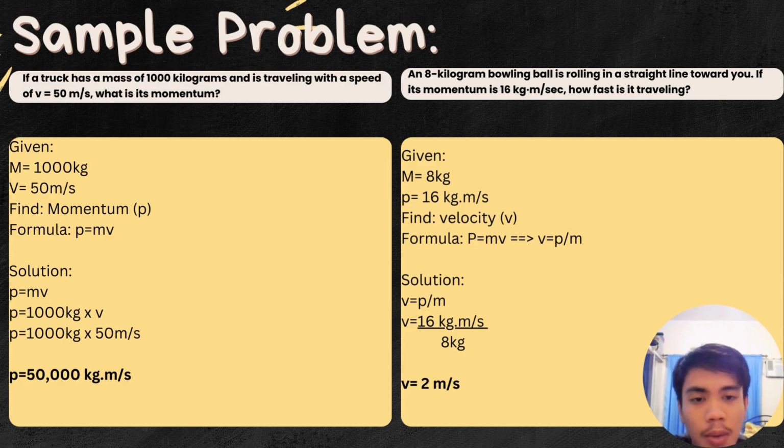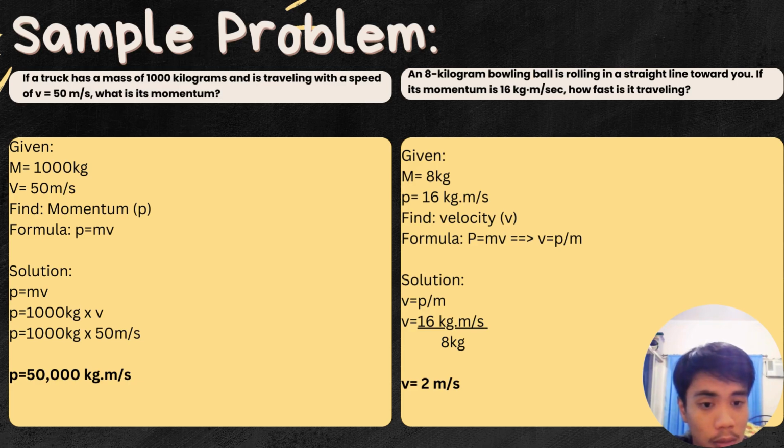And for the second one, an 8 kilogram bowling ball is rolling in a straight line towards you. If its momentum is 16 kilogram meters per second, how fast is it traveling? So first step is to write the given again. We have here our mass, which is 8 kilograms, and our momentum, which is 16 kilogram meters per second.